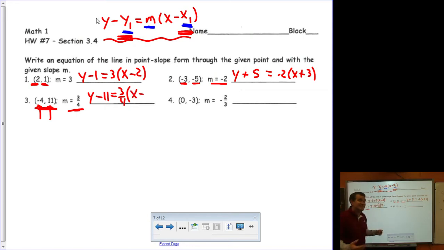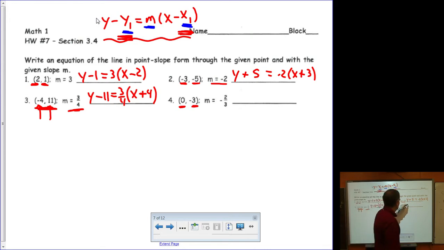Well, the x value is -4, so that's going to be +4. And number 4, I'm going to go ahead and substitute my x value in for x1 and my y value in for y1. So I would get y minus the y value, which is -3. So minus -3 would be +3.